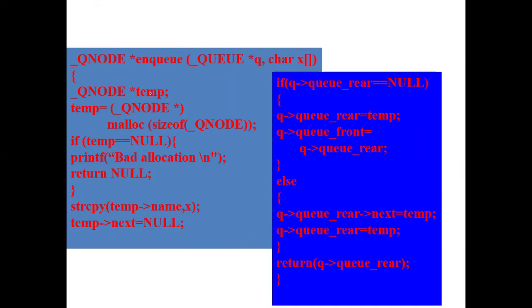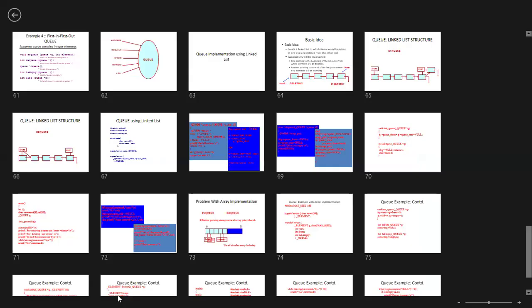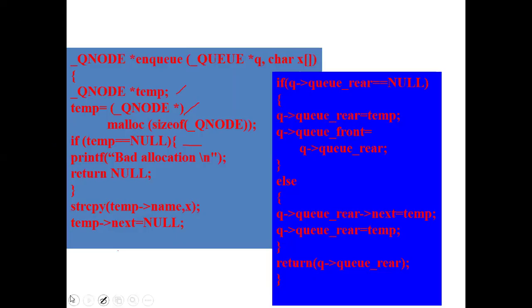Now if you see the NQ operation, you have a temporary variable and I allocate memory using the malloc function. If temp is equal to null, that means I didn't allocate any memory.